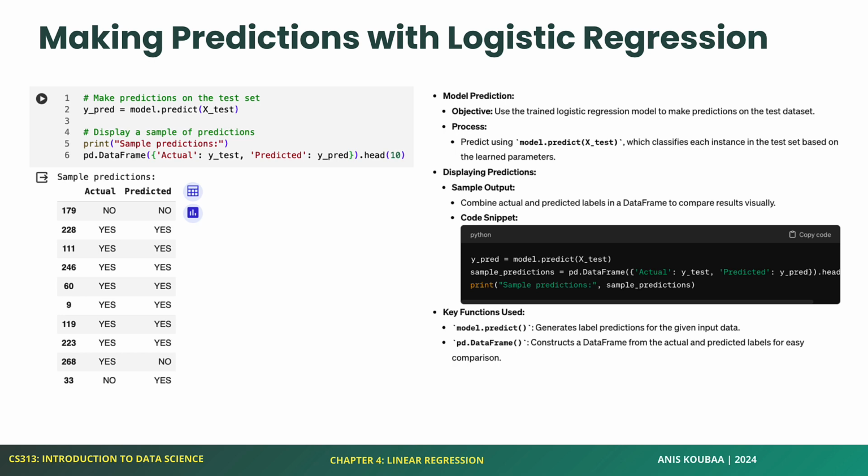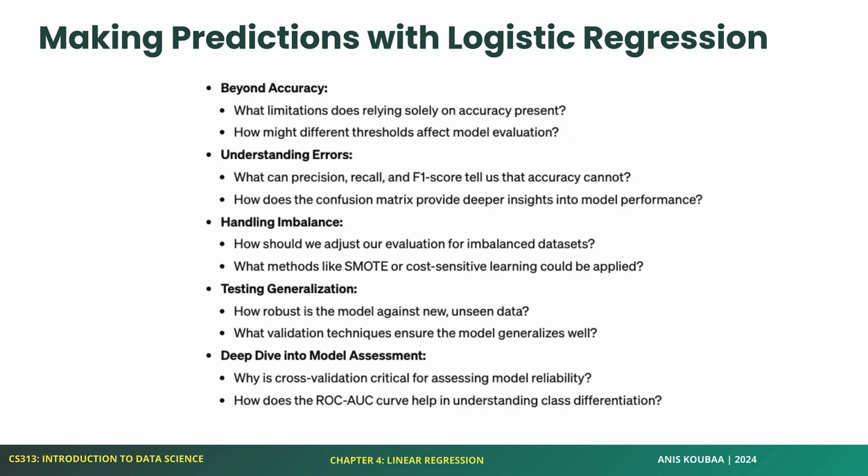That's another piece of information, and this will introduce us to the concept of the confusion matrix. There are different ways to assess the performance of the model, for example precision, recall, F1 score, and the ROC also.